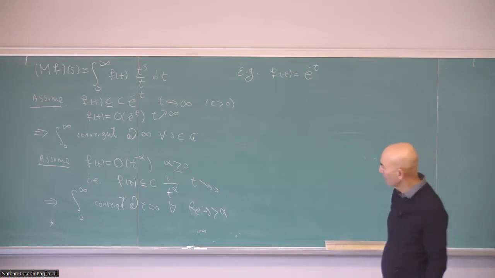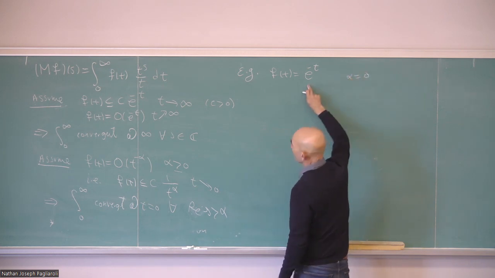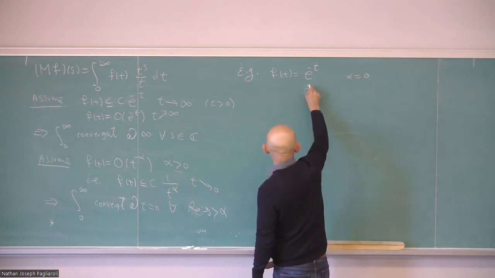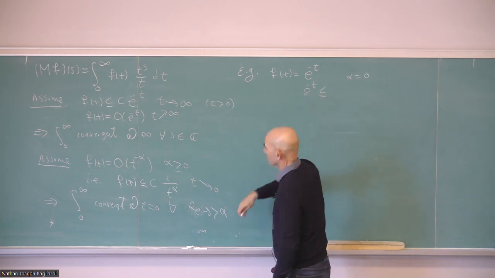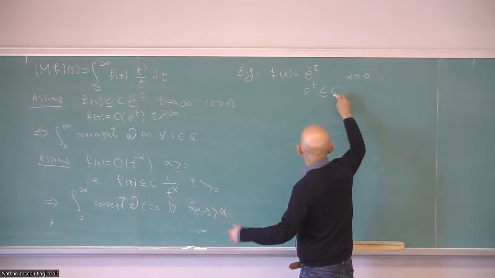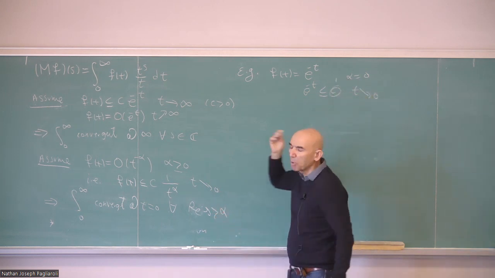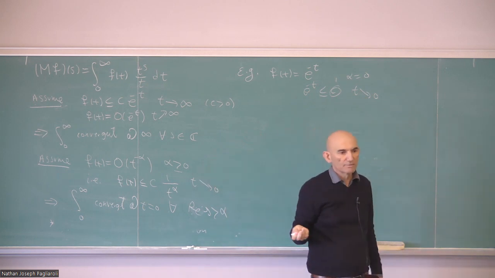Alpha is 0. So we are saying that e to the minus t is less than or equal to some c, which is, well, 1 in fact, as t goes to 0. In fact, for all positive t it satisfies that condition.